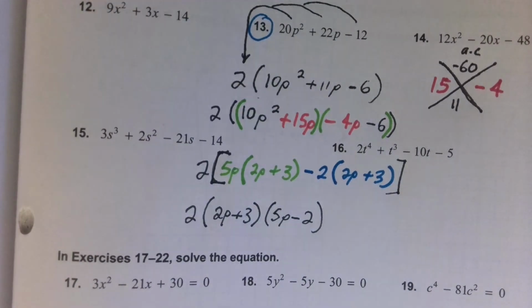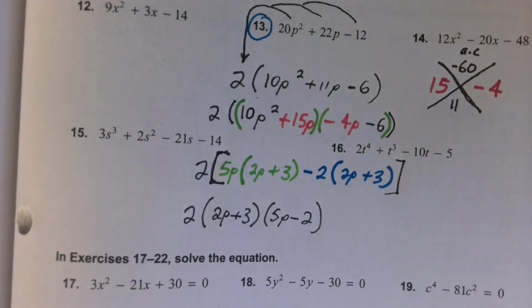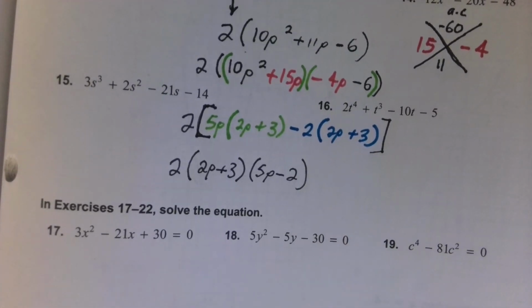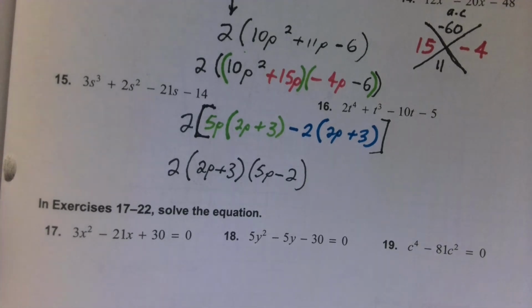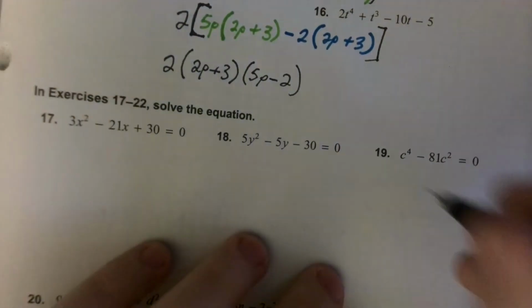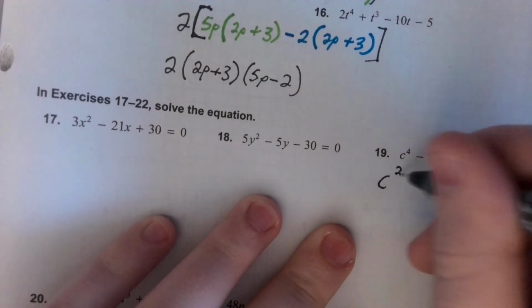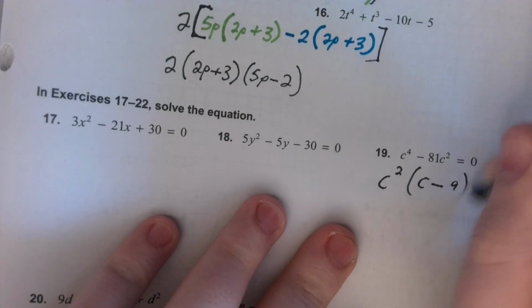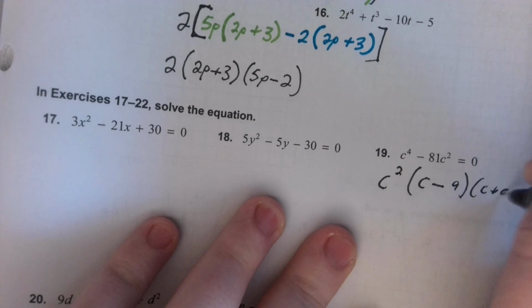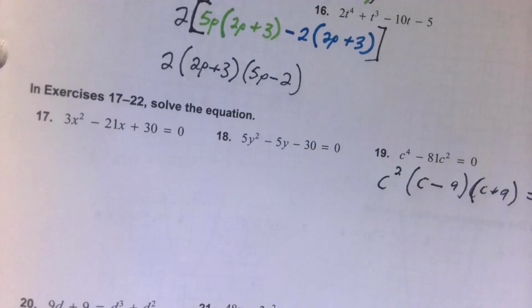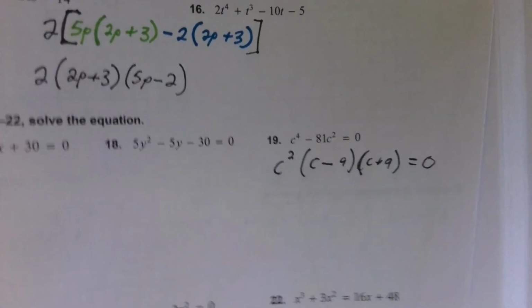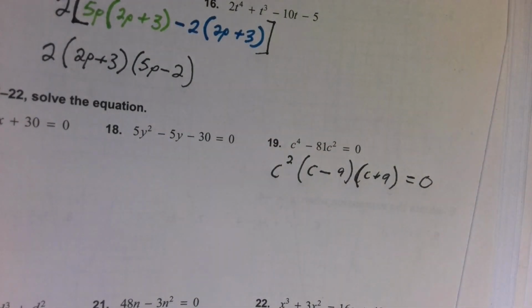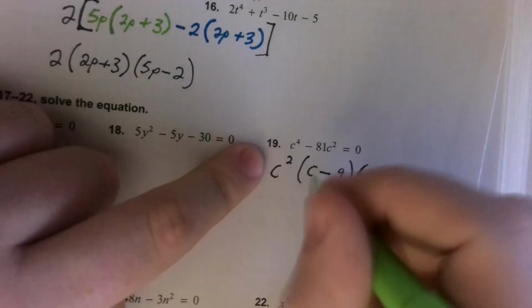And we're done. As a brief reminder, anytime an equation equals 0 at the end, such as in problem 19, where we would have our solution as c squared times c minus 9 times c plus 9, that will be the solution to problem number 19. If it equals 0, just set each piece equal to 0, each factor.